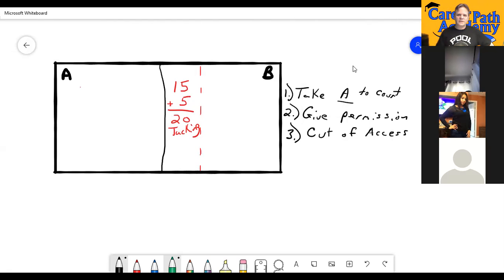So here, let's actually correct it. Let's say lot owner A put up this fence right here on lot owner B's property.